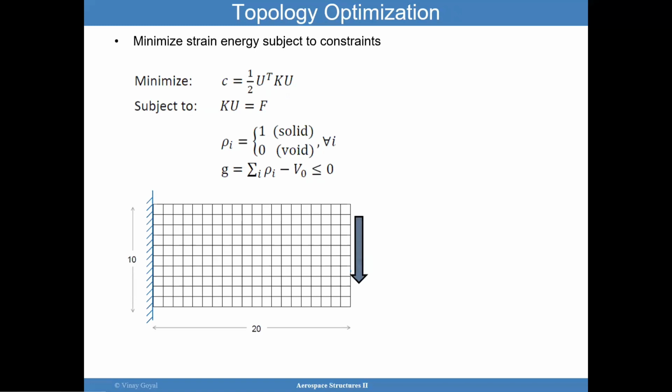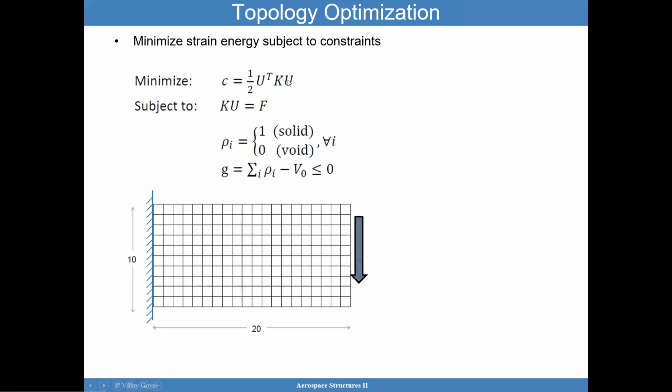So typically in topology optimization, one approach is to minimize the total strain energy of the system. And the strain energy of the system is given by this formula. I won't go into this now, but K is the stiffness of the system, of this finite element model. U is the vector of deflections of each node, basically.